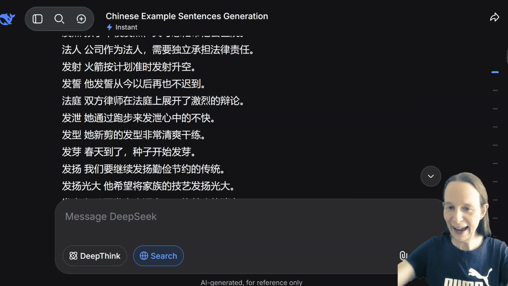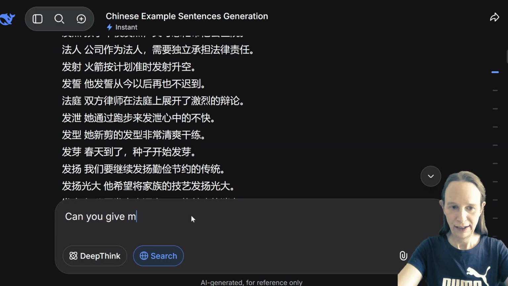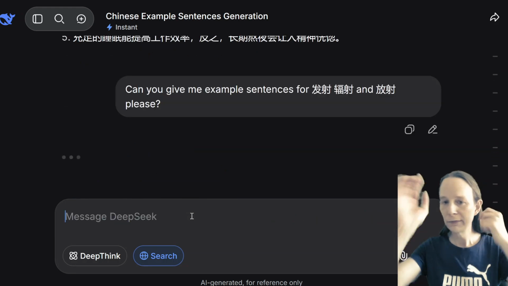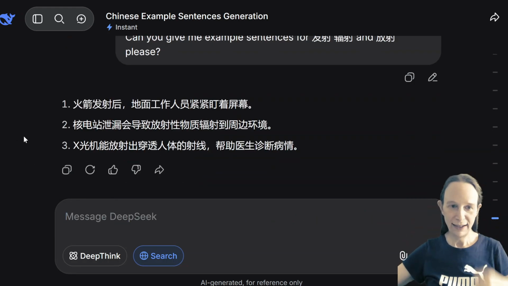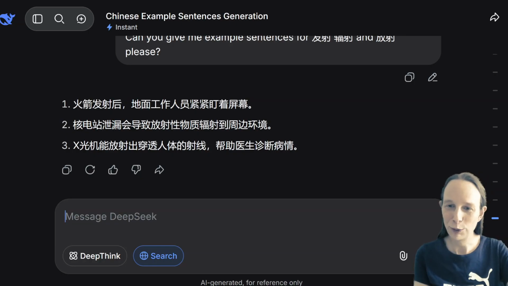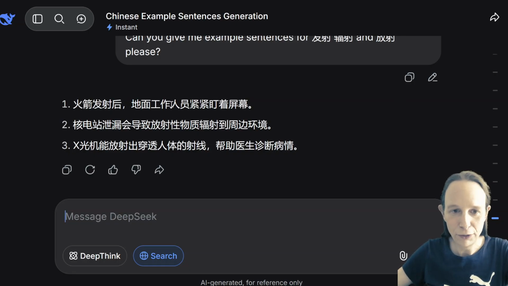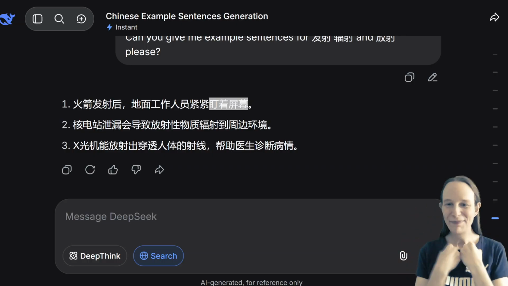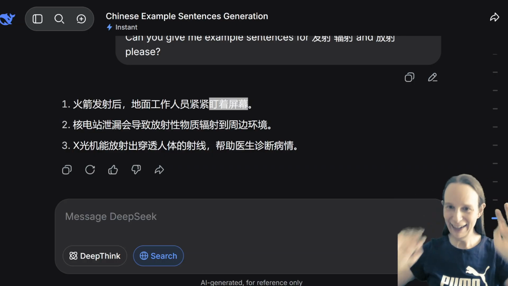Let's get the AI to give me example sentences for 发射, 辐射, and 放射. Okay. 火箭发射后, so the rocket launched. 地面工作人员紧紧盯着屏幕. So they're staring tightly or nervously at a screen.